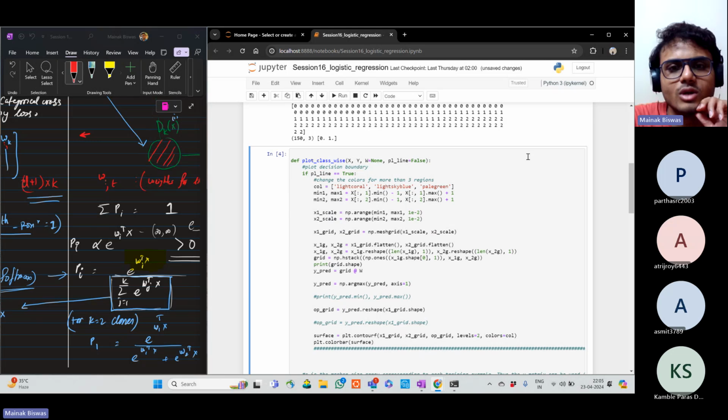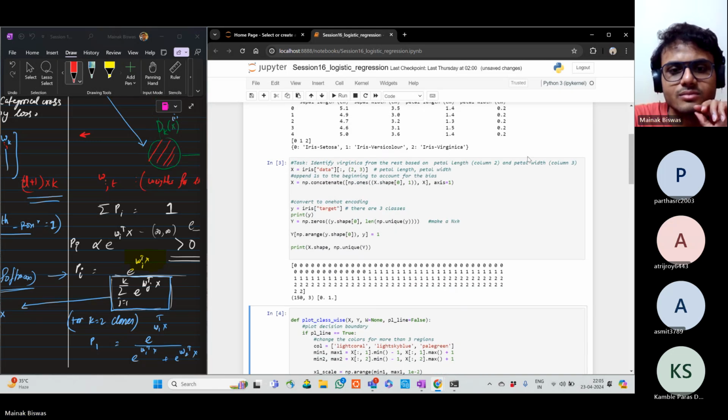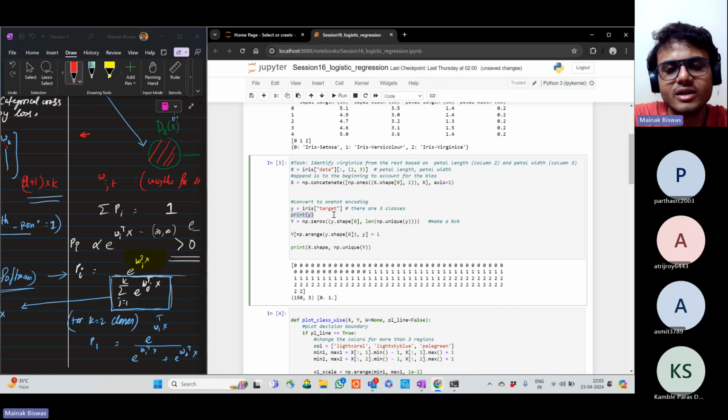Now I convert it using np dot zeros to make a zero matrix. How many rows will it be? Y dot shape 0 will be 150. Shape 0 means the first dimension. And the number of unique y's will give me the number of classes. So that makes an n cross k zero matrix.